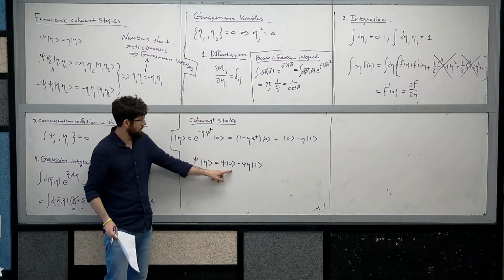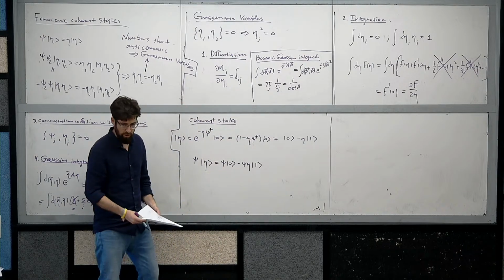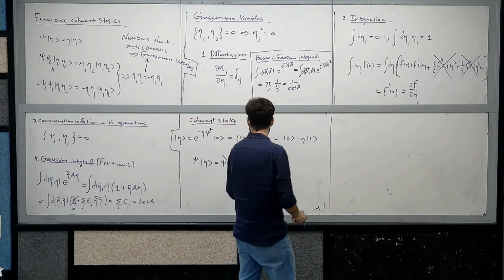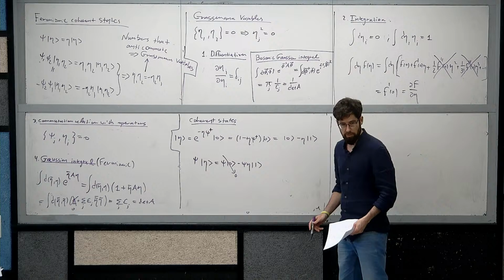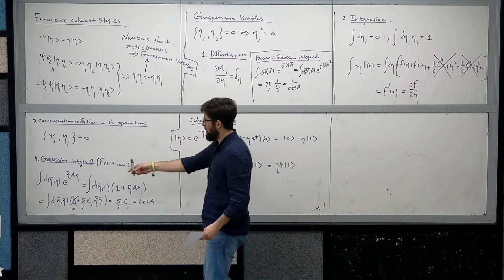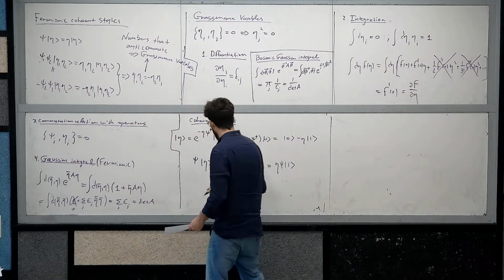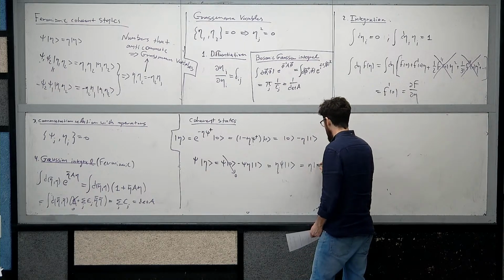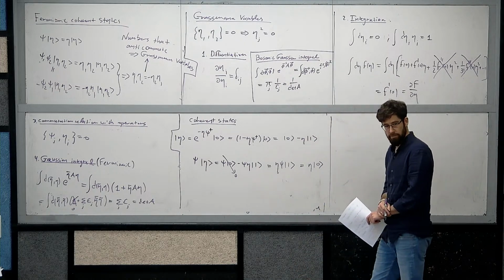Now this thing destroys the vacuum state, so this guy is 0. Here we need to interchange them before we can act on the state. So this gives me eta psi |1> because of the anti-commutation between them, and then I get eta times |0>.